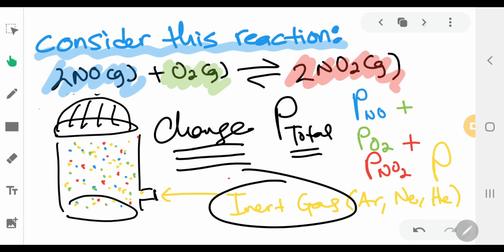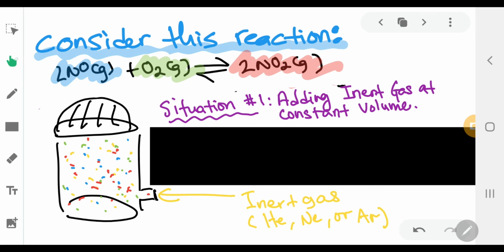There are two situations we need to consider when you want to talk about the effects of adding inert gas into a system at equilibrium. The first one, we're going to look at the situation in which you add inert gas at constant volume. What does it mean by constant volume over here?